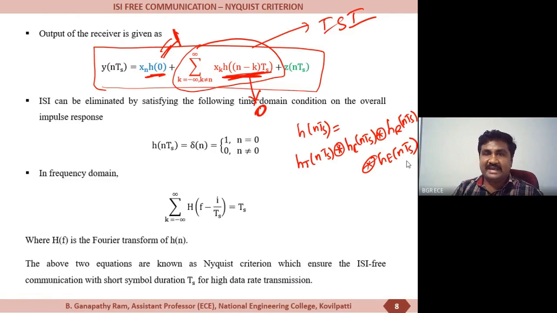And this should be a Dirac delta function. If n is equal to 0, it will be 1, and if n is not equal to 0, it will be 0. So if we substitute here, h of 0 will become 1, and for all other values it will be 0.